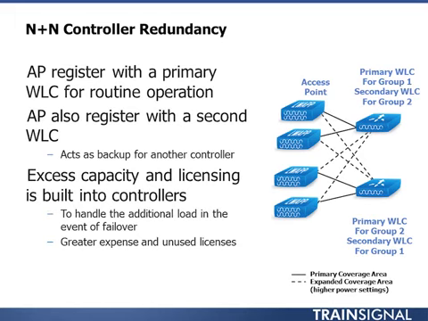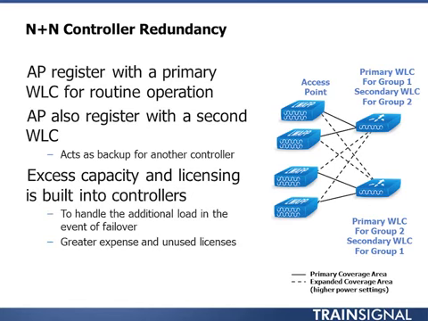Now, in the first scenario, the N+1, you had one backup controller for all of your wireless LAN controllers, and so it was relatively inexpensive. In an N+N controller redundancy, what you'd have to do is to make sure that the primary and the backup wireless LAN controller can both support all of the access points that it needs to.